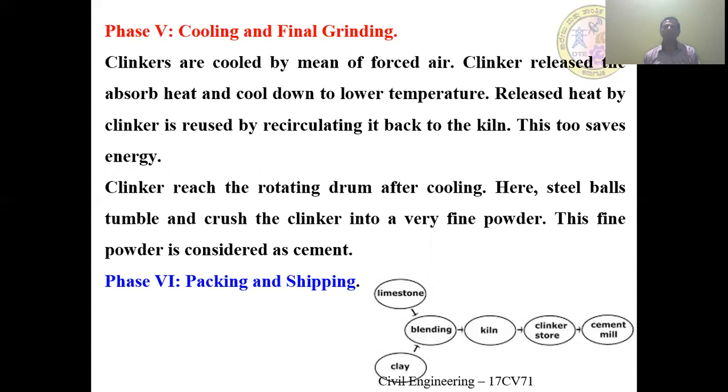Then the next phase is cooling and final grinding. The clinkers are cooled by means of forced air. Clinker releases the absorbed heat and cools down to a lower temperature. Because you heat it at 1450 degrees centigrade, you have to bring it to normal temperature.